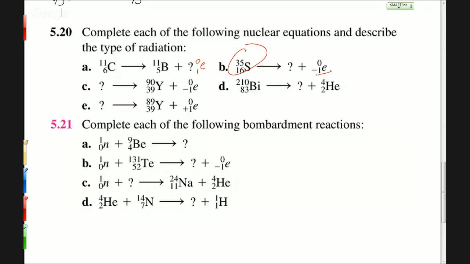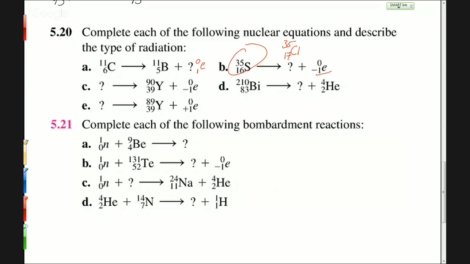We have to remember that in beta emission, a neutron turns into a proton and releases an electron. So that means the bottom number is going to go up to 17. The top number stays the same at 35, and that's chlorine. So please take note of that sign. Whether it's -1 or +1 makes a big difference.